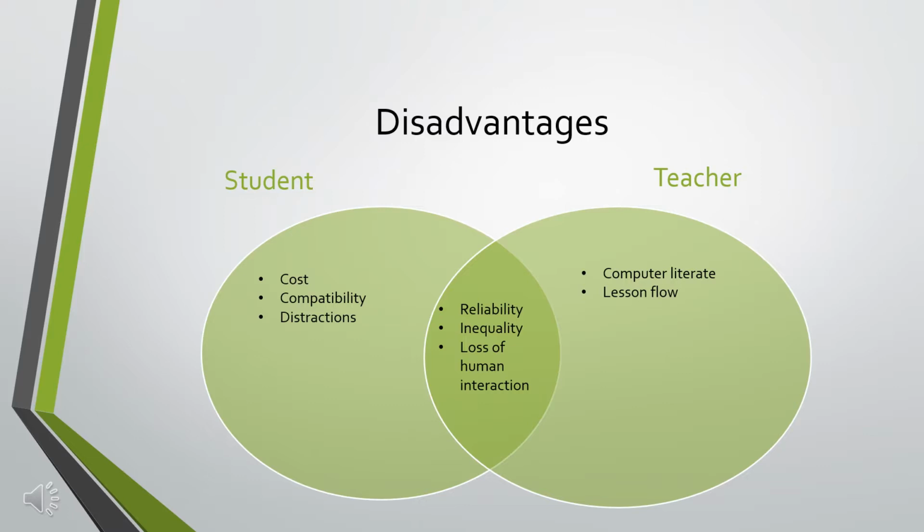So there are more advantages than there are disadvantages. I was able to brainstorm a few disadvantages. For students, cost. Microsoft Word does cost money unless you get it from the school, where some schools offer it for free and other schools do not.